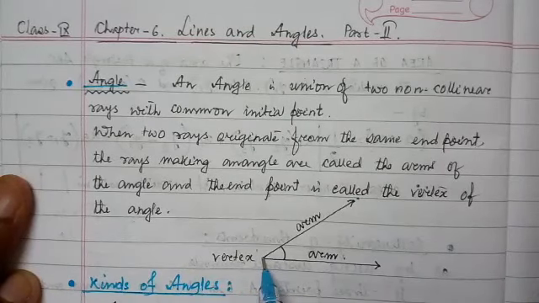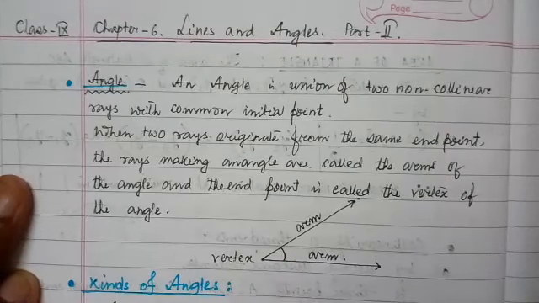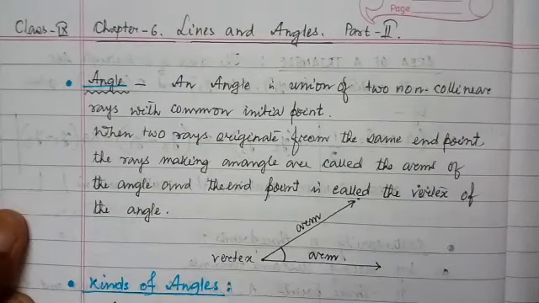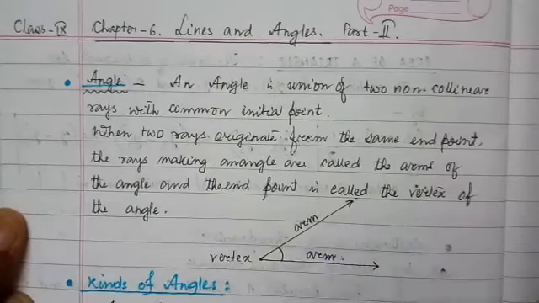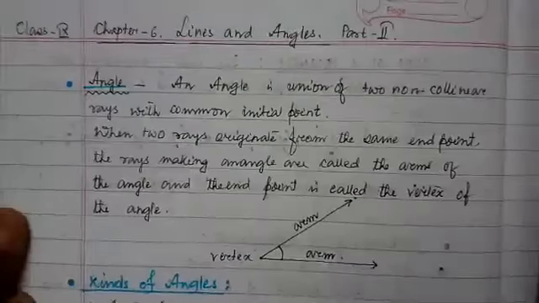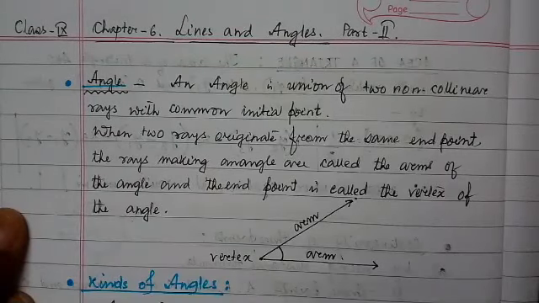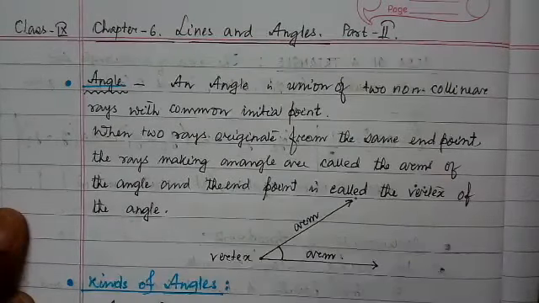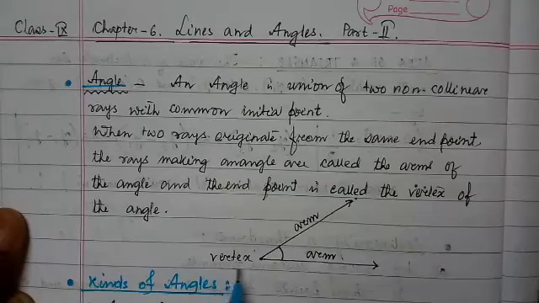the rays making an angle are called the arms of the angle. These rays which make the angle are called the arms of the angle, and the end point is called the vertex of the angle.